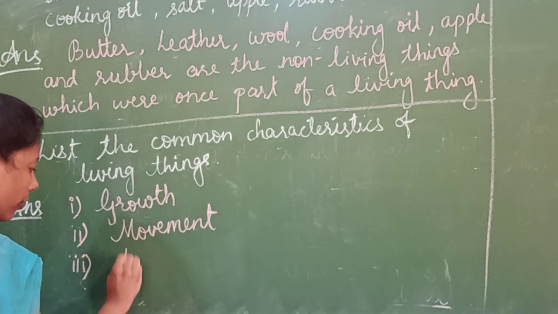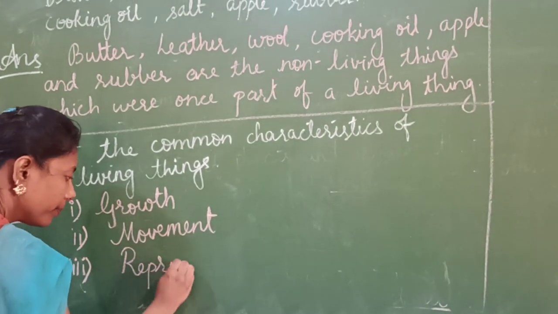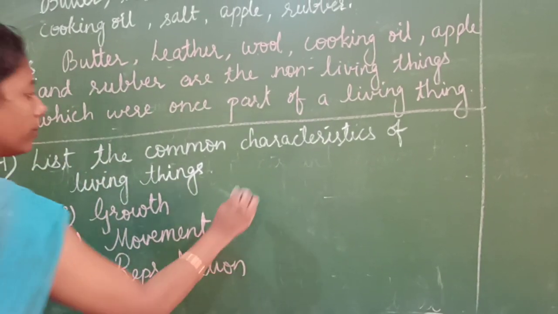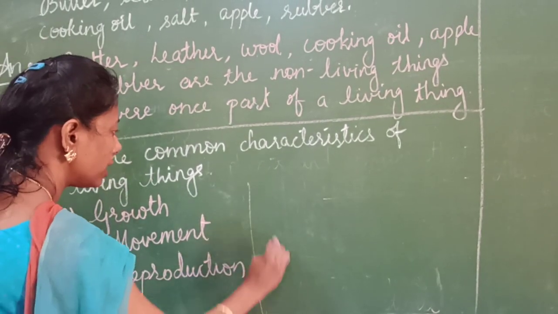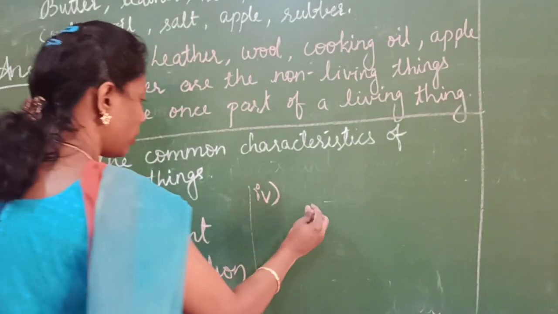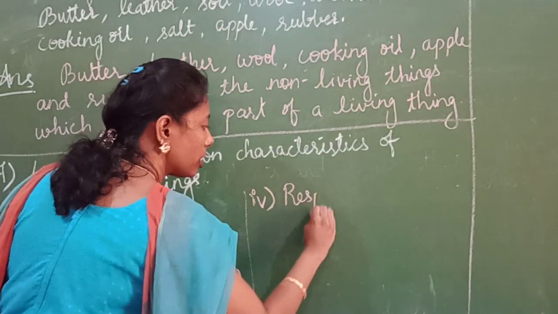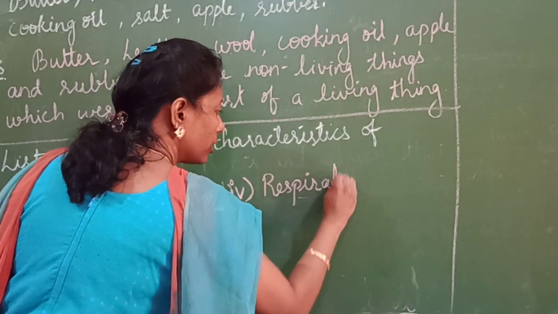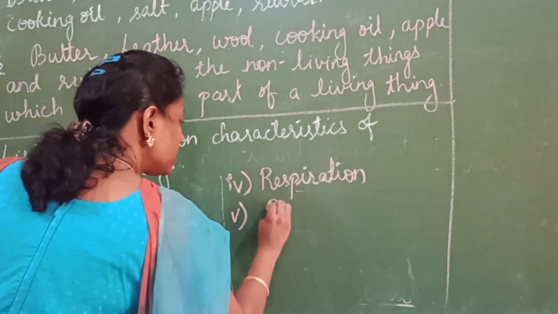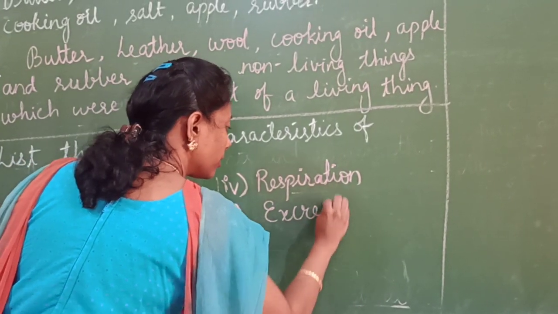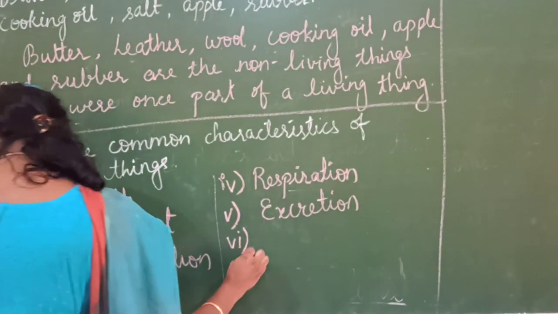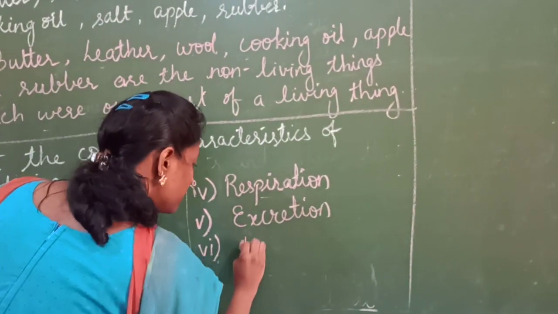Third, reproduction. You can write in the next line, children. Fourth is respiration. Fifth is excretion. Sixth is responsiveness.